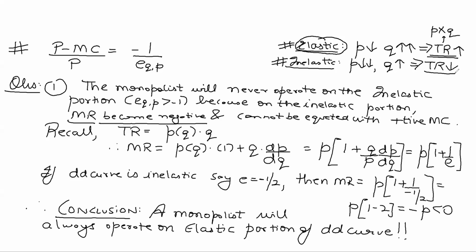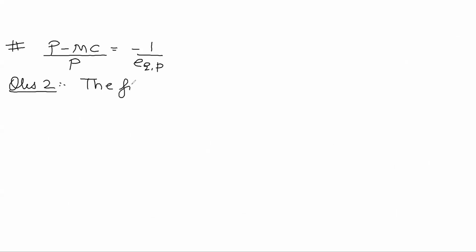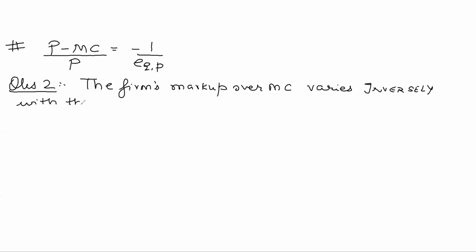The second observation which we had learned from this equation, I am writing it again. So this was our inverse elasticity rule, and observation 2 which we had learned was that the firm's markup over marginal cost varies inversely with the elasticity of demand.